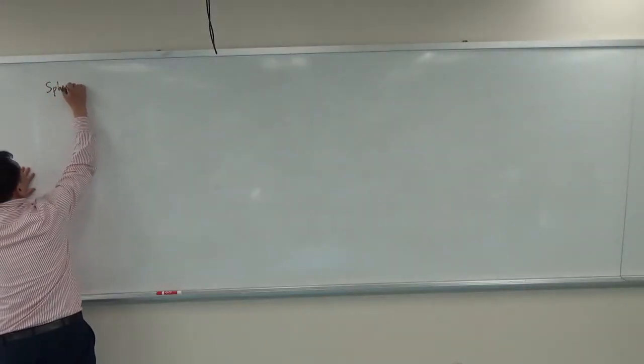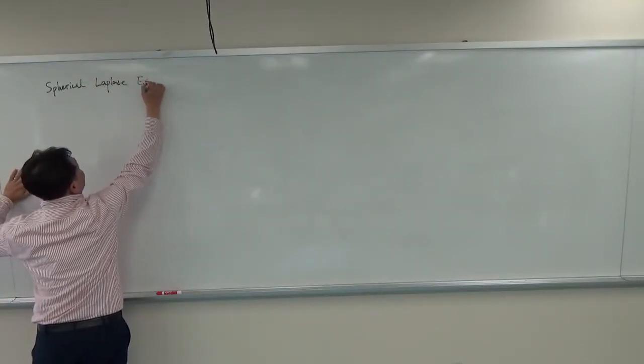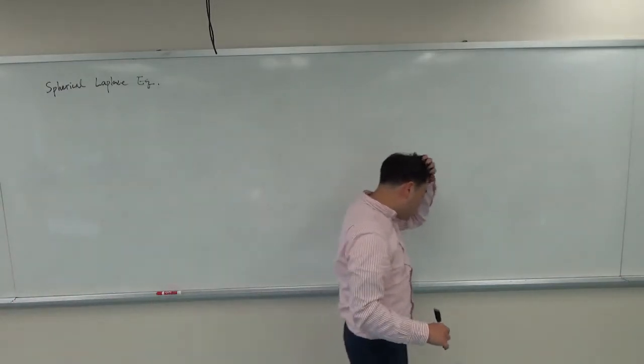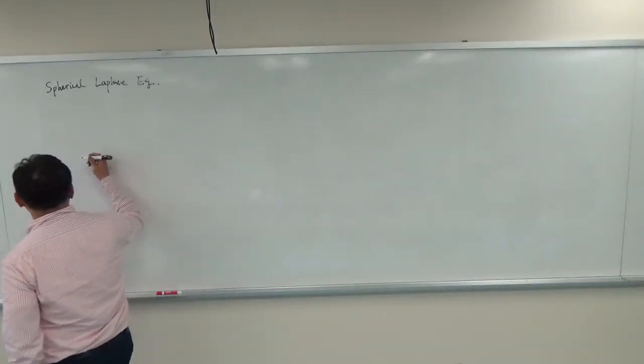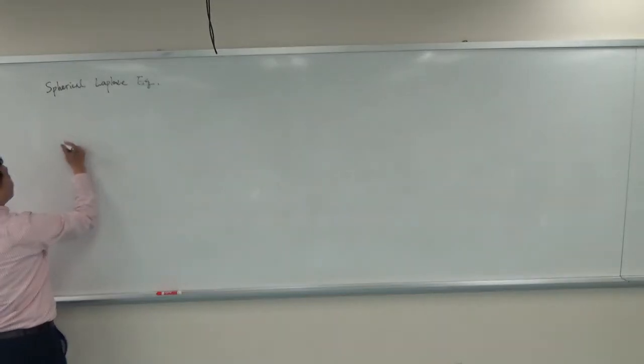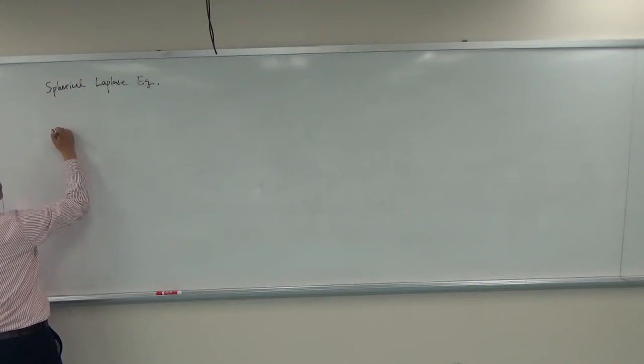Spherical Laplace equation, or PDE. All right, so for the spherical Laplace equation, again, you have to use the spherical coordinate system, right? I don't know if you remember it.